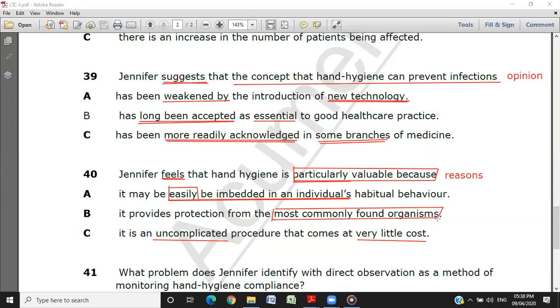Many and most. Are they both the same term?